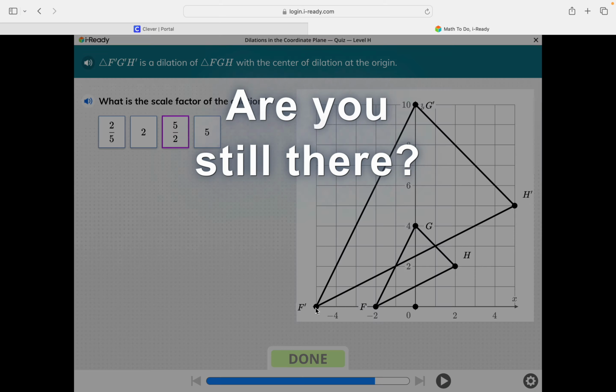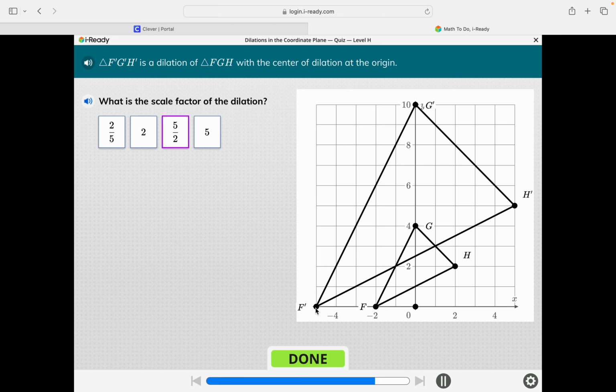So, Subani, we have some confusion here. See here, triangle F prime, G prime, H prime is a dilation of triangle F, G, H with the center of dilation at the origin. What is the scale factor?